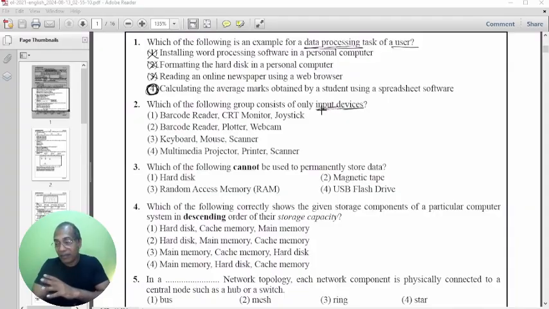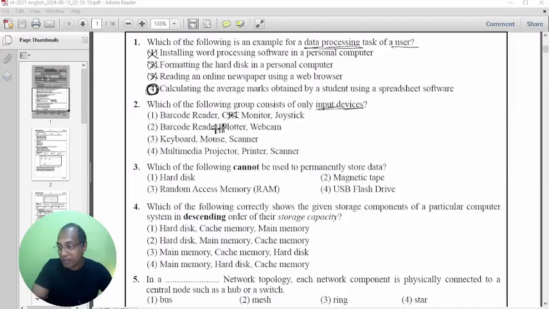So let's try to eliminate anything that has an output device, like a printer, speakers. Those are output devices. So we are going to eliminate those by crossing out the ones that have output devices. Like, oh, here we go, CRT monitor. That's an output device. So I don't want that.